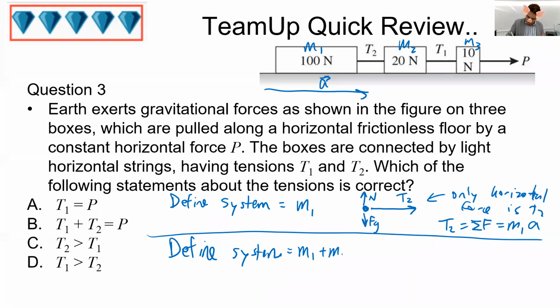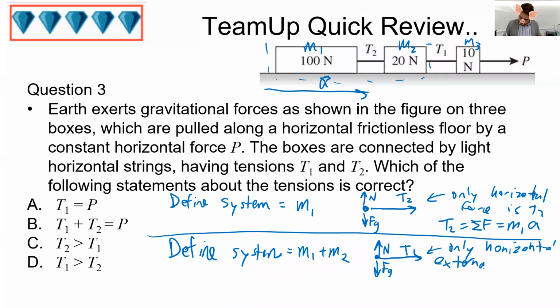If you draw a little dashed line around the whole thing, your force diagram has normal and FG, but the only horizontal external force is T1. So T1 is equal to the sum of the forces, in the X direction, M1 plus M2 times that same acceleration A.